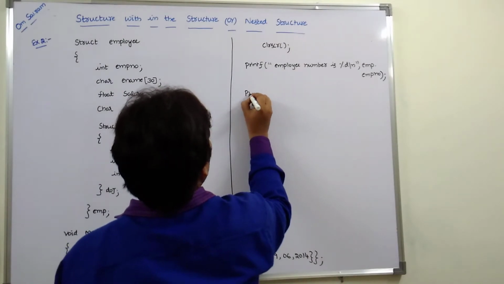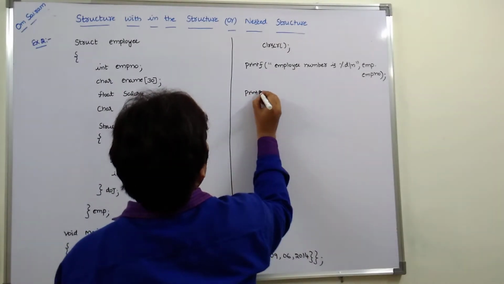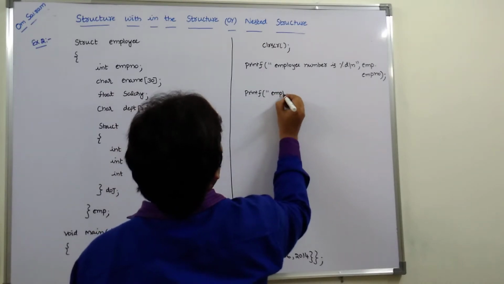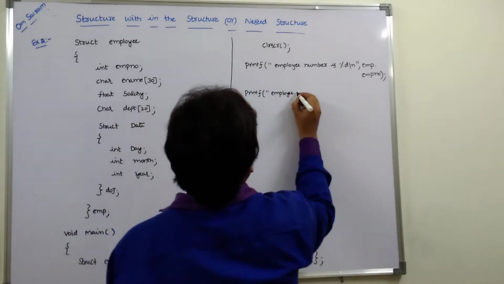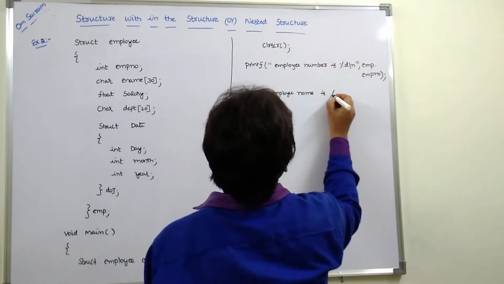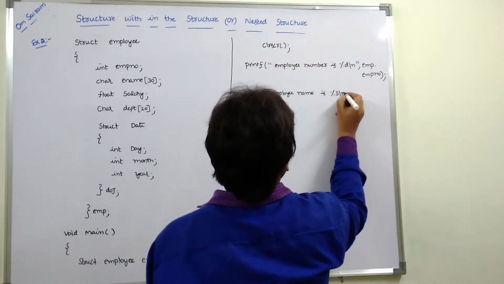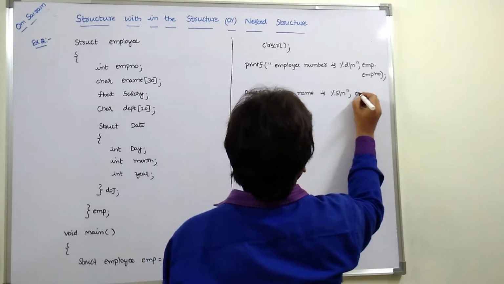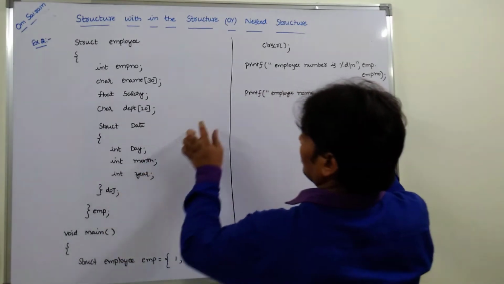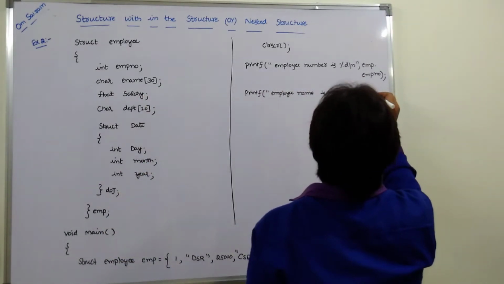Next, printf employee name is percentage s, slash n and double quotation, emp dot ename.